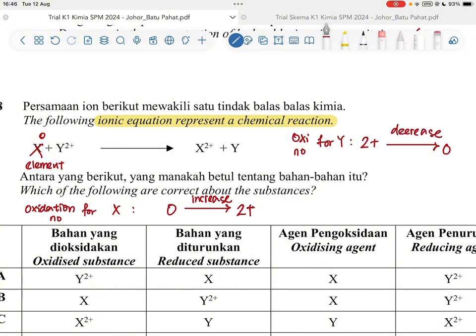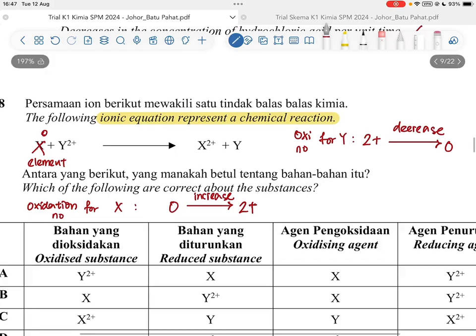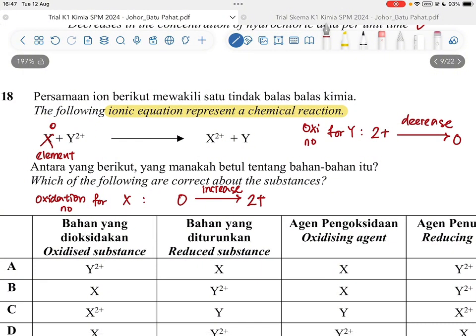So there is an increase in the oxidation number for X, and a decrease in the oxidation number for Y. An increase in oxidation number means it undergoes oxidation, and the opposite is reduction. If it undergoes oxidation, it is a reducing agent because it reduces the other substances.